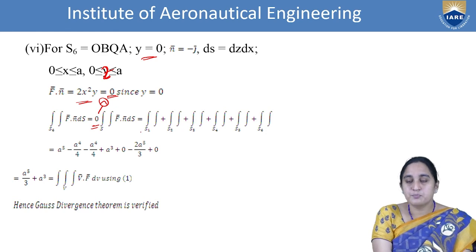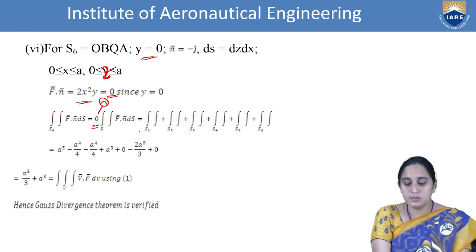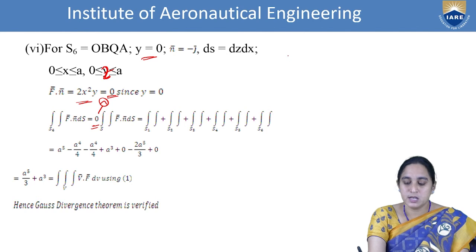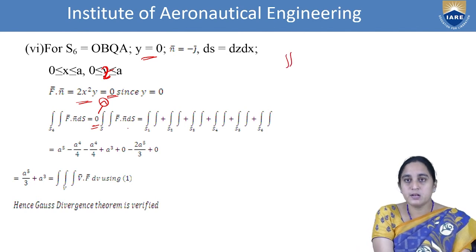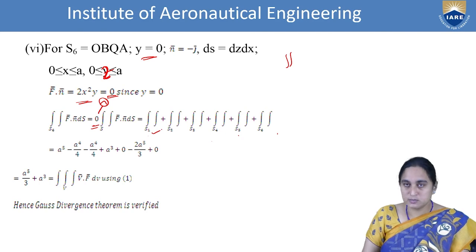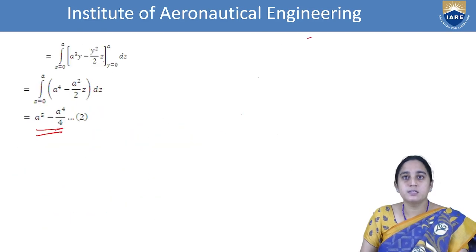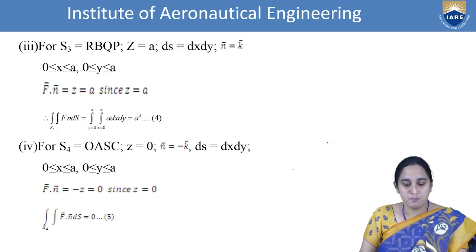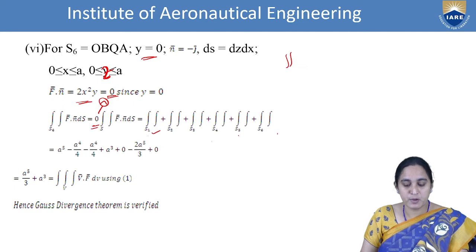Therefore, add all the values. The double integral of f bar dot n bar ds is equal to the sum of the integrals over s1, s2, s3, s4, s5 and s6. Already we know S1 is equal to a power 5 minus a power 4 by 4.